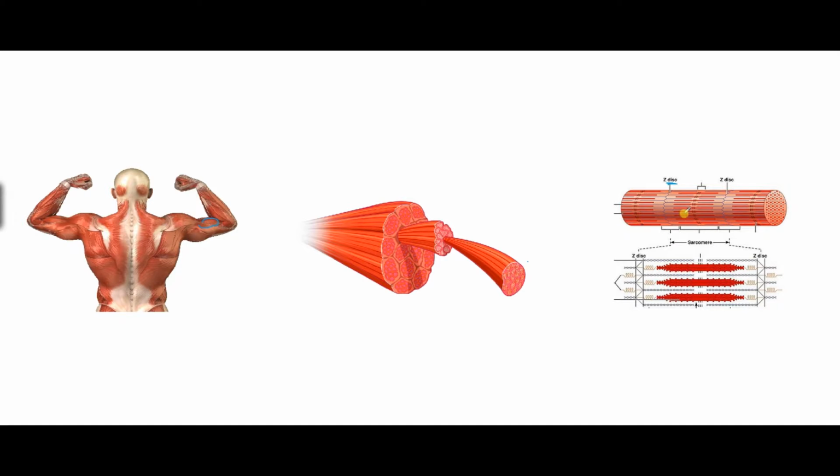If this occurs across every single sarcomere in a myofibril, then that myofibril is contracting, and if enough of those contract, then the muscle cell will be contracting, and so on and so forth. Then you can apply that up here and move it to the whole muscle belly.